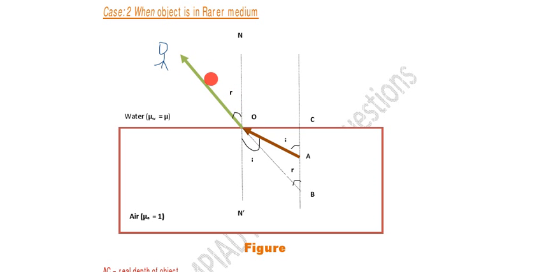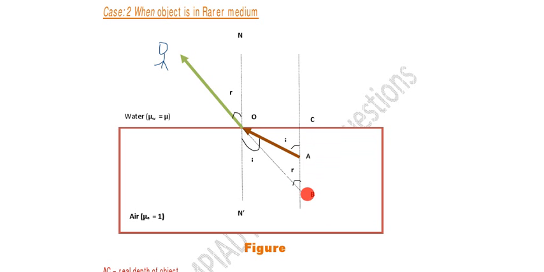Now if I extend this line in a backward direction, this line will cut this vertical line at a point B. So what does it imply? It shows that when a person sees the object at point A, he will see it at its apparent position, and its apparent position is B. So BC is called the apparent depth.